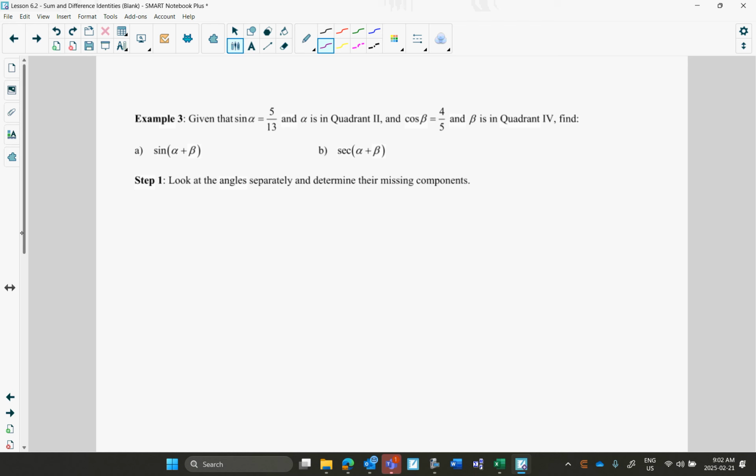That automatically tells me I should draw a coordinate grid and a triangle. When I see this, I'm thinking, I'm going to have to do a coordinate grid, triangle, Pythagoras. And then we have the cosine of the second angle is equal to 4/5. So I need to do two separate ones.